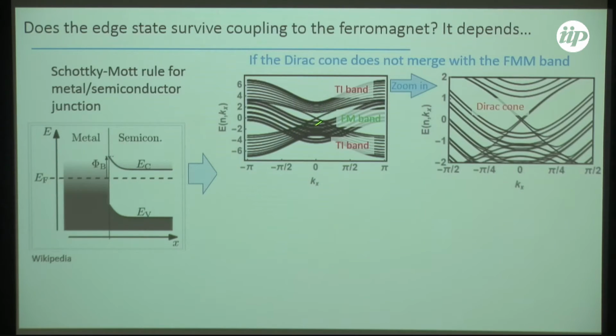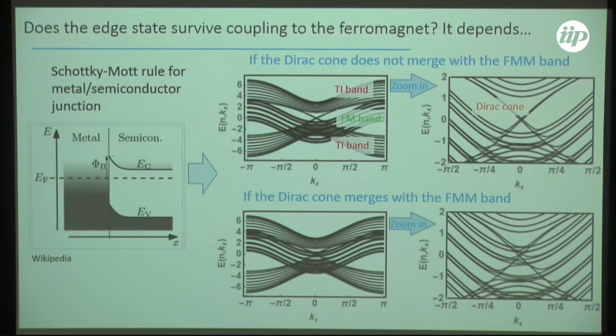Then you have this Dirac cone, as shown in the middle. Now if I zoom in, the system will look like this. You have the ferromagnetic bands, and you have the topological insulator bands. This is a situation that we call the pristine situation. Namely, the Dirac cone actually survives the coupling to the ferromagnet, because you see that this entire cone is outside of the ferromagnetic band.